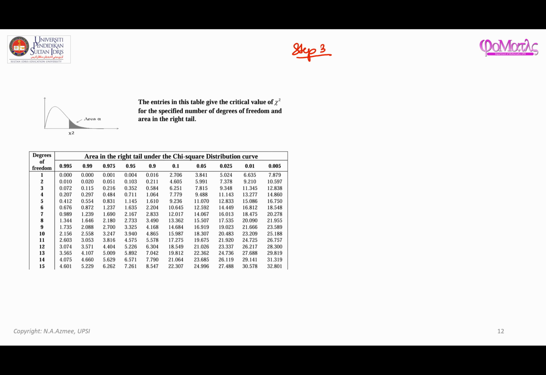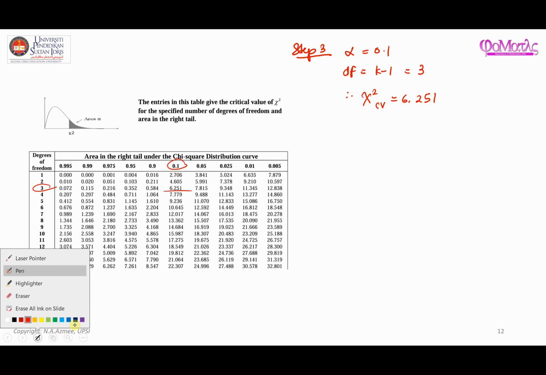In order to find the critical value, you need to know alpha. Alpha is 0.1, 10%. Degrees of freedom is k minus 1, where k is the number of groups. We have 4 groups, so 4 minus 1 is equal to 3. So go to 3 degrees of freedom. 0.1 is the significance level, and here is the critical value. Therefore, the critical value is 6.251.